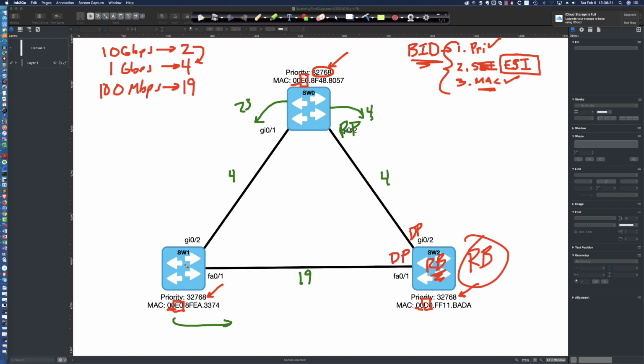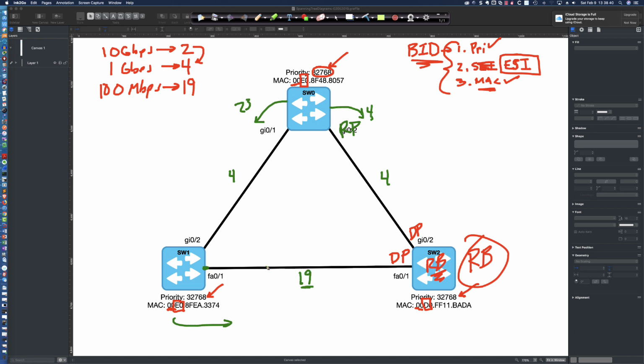So now we come to switch 1, where we're going to say which port towards the root bridge is the lowest root path cost. So I'm directly connected to the root bridge. However, the cost is 19 out of that port. And I put the value here.